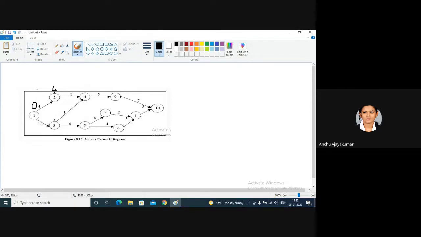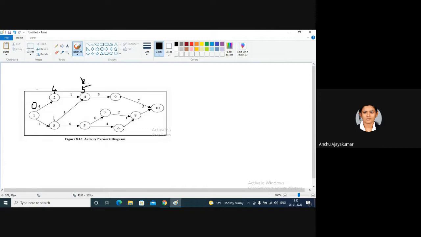From 2 to 4, what is the duration? It will take 4 days plus 1 day, that is, 5 days. From 3 to 4, 1 plus 2, this 2 again comes to this node, so we are striking this 2. Why?